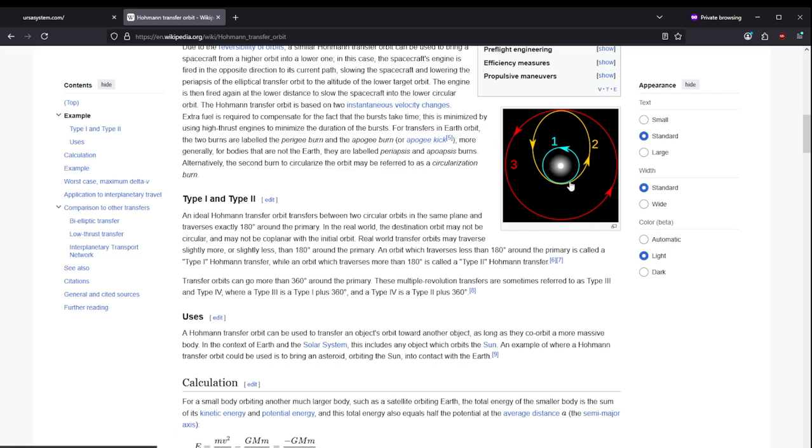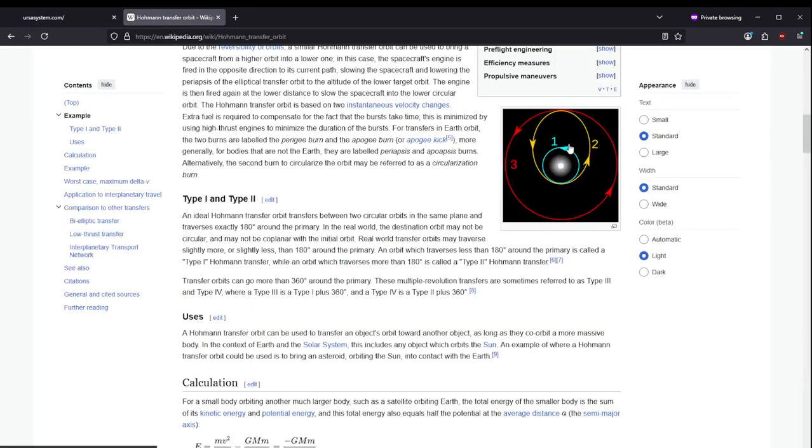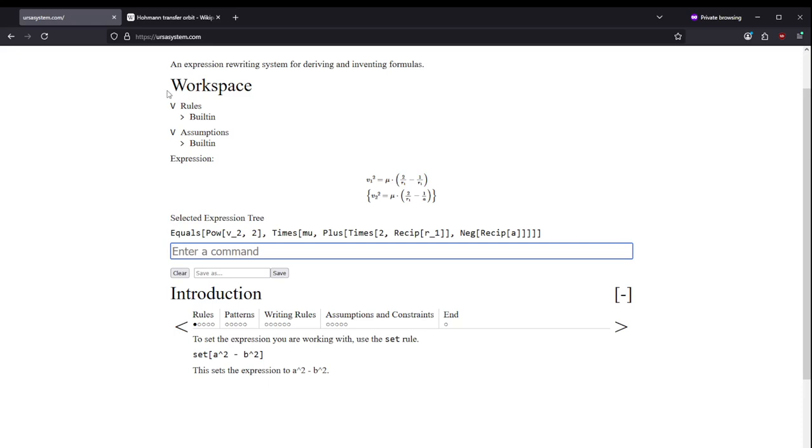And the semi-major axis is now, it happens to be r1 plus r2 over 2. It happens to be the average of the two radii, the blue one and the red one. So I'm going to replace A with our new semi-major axis, which is the average, r1 plus r2 over 2.